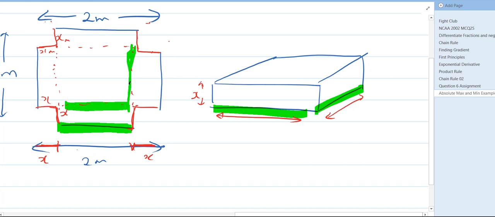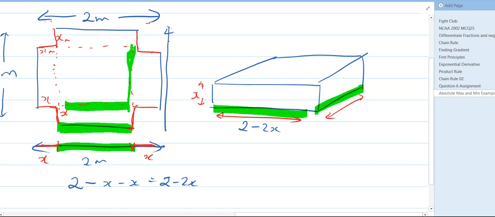So the desired length has to be whatever the total length is minus the 2 x's, which is 2 minus 2x. So this tells me this is 2 minus 2x. Conveniently, because this is a square and the length is also 2 meters, this side has to be 2 minus 2x as well.